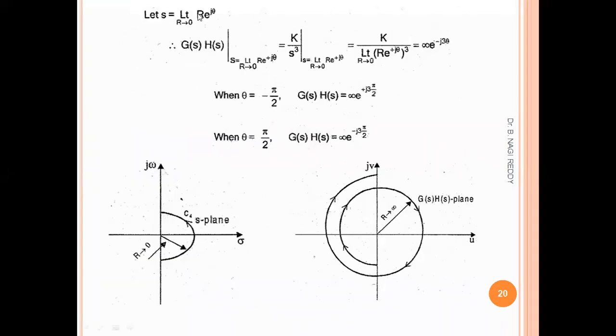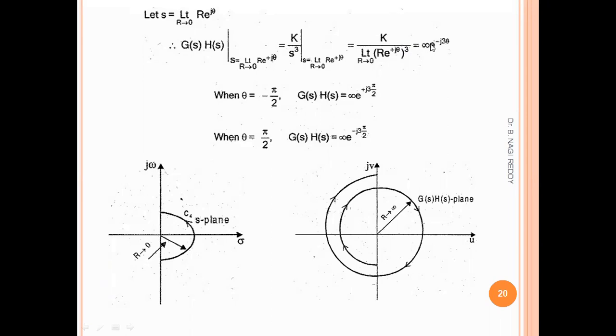Now substitute in the place of s, limit r tends to 0, r e^(j theta). So K by r, where r is 0. Anything divided by 0 becomes infinity, so infinity will be the magnitude, and this is whole cube, right? Whole cube means e^(j 3 theta) in the denominator.